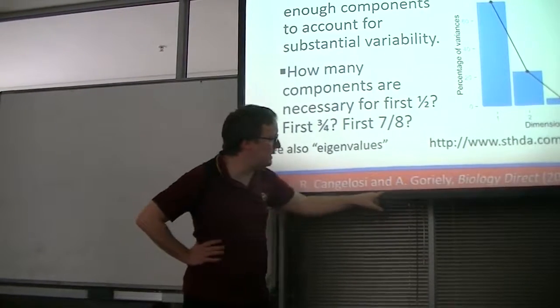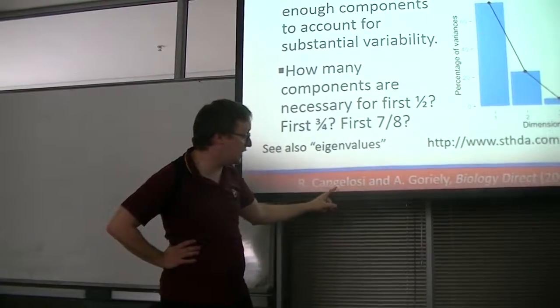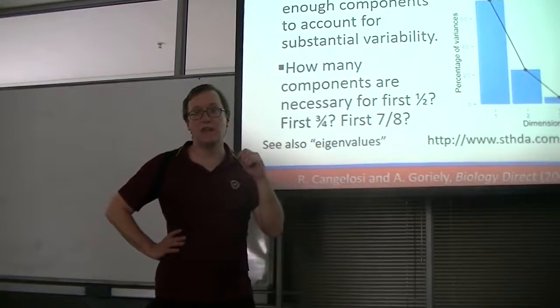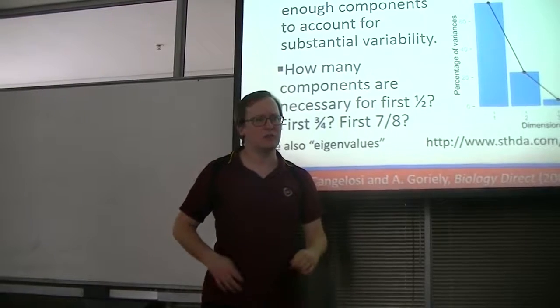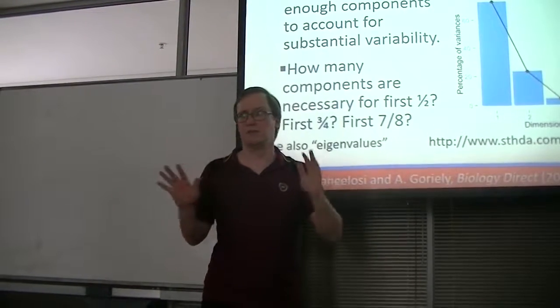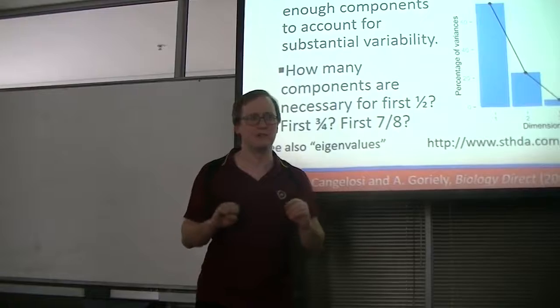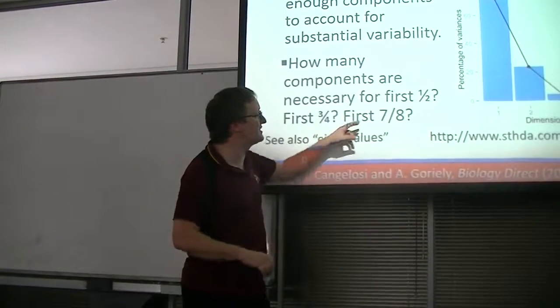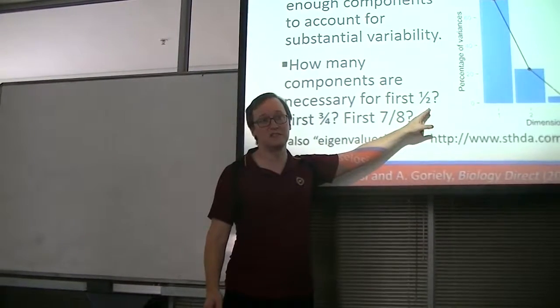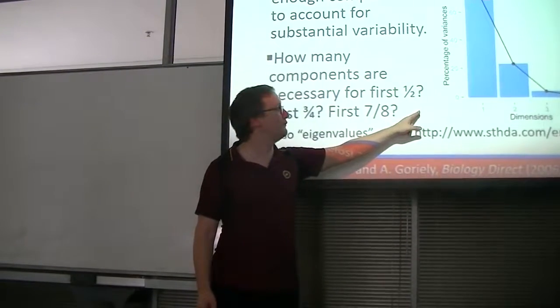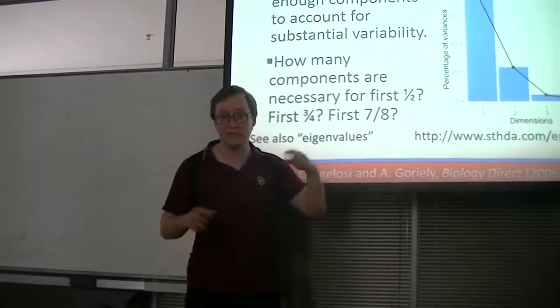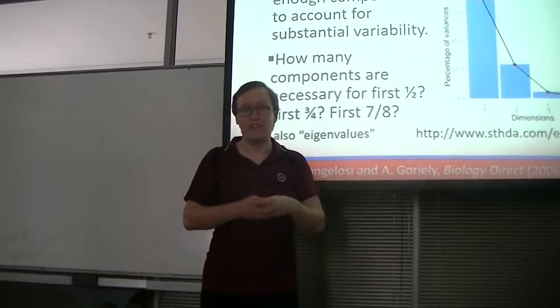I've given a link to a paper here that is useful in this area, but I will use my arbitrary computer science background on how to do this. The first question I always ask is how many different components do I need to use to account for at least 50% of the overall variability? That might be just one.